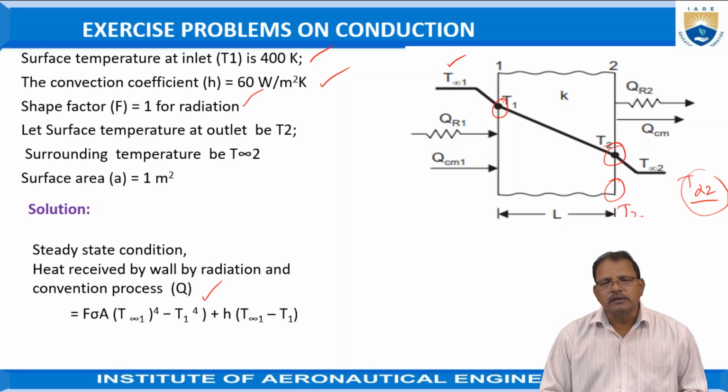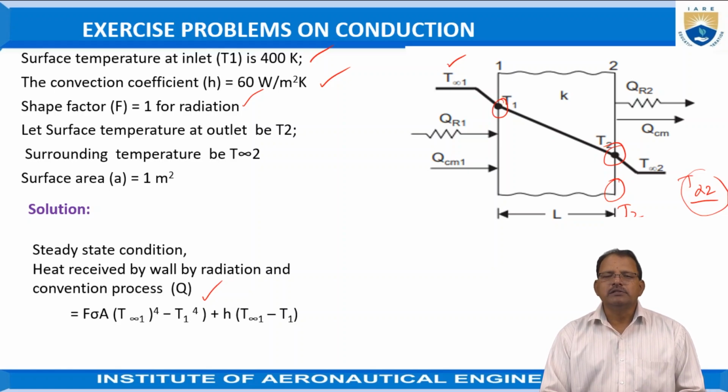Sigma is the Boltzmann constant. This value is equal to 5.67 into 10 to the power of minus 8. T alpha 1 is the temperature of the hot fluid. According to the problem, this value is given as 500 Kelvin, minus T1 to the power of 4. T1 is the temperature of the inner surface of the block, that is the slab, which is in contact with the hot fluid.